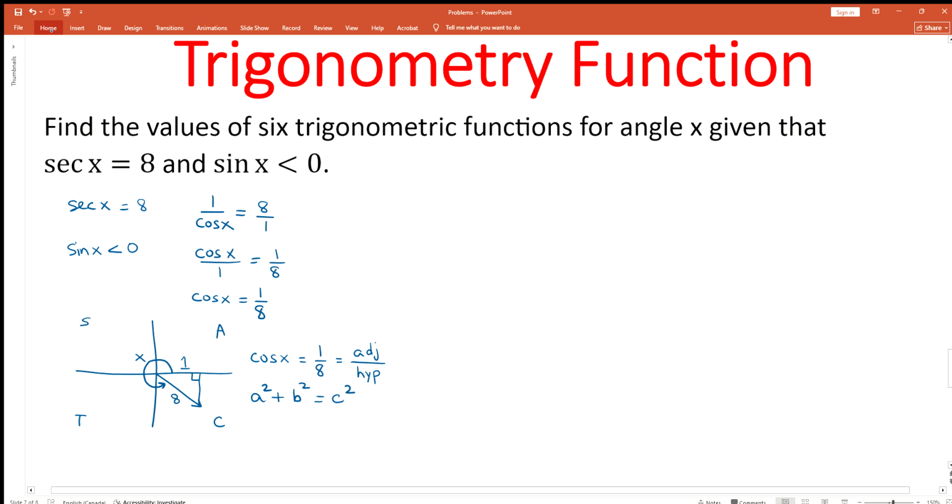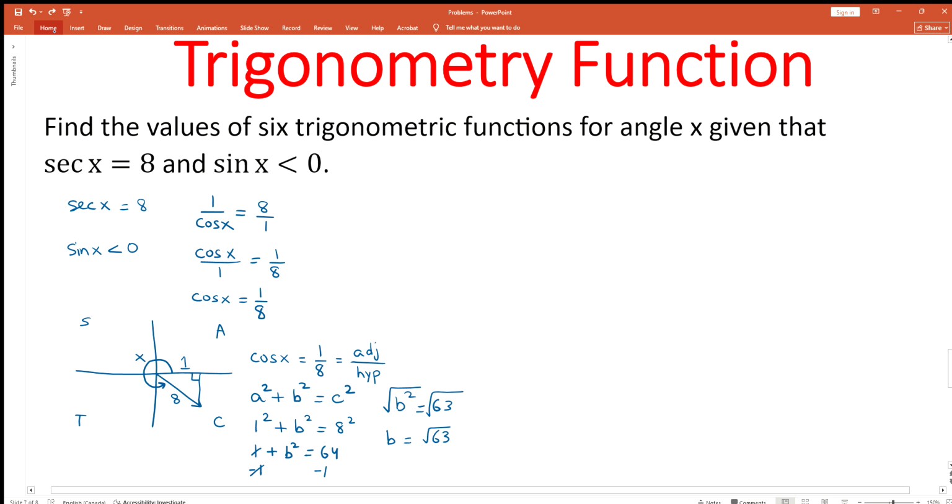We can sub in 1 as a in this equation. 1 square is equal to 1. 8 square is equal to 64. We should subtract 1 from both sides. I get b square equals 63. Next, we should apply square root to both sides. I get b equals square root of 63.